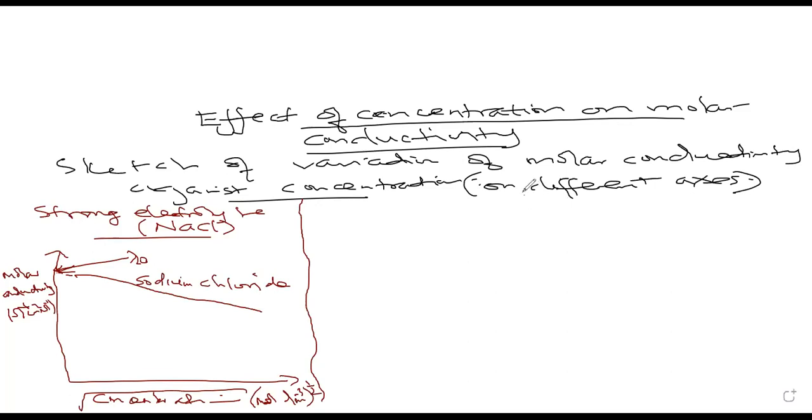If the electrolyte becomes weak, let's look at an example of a weak electrolyte, like a weak acid. We can think of ethanoic acid.